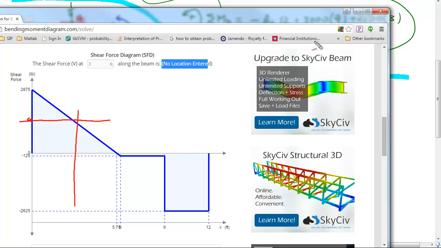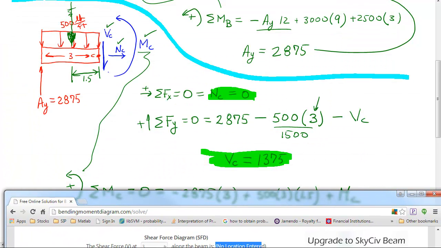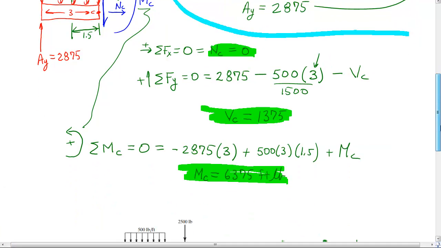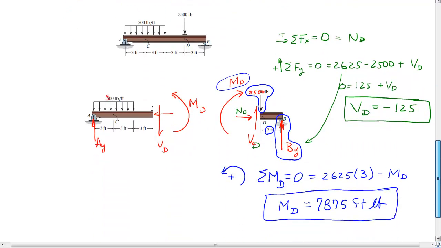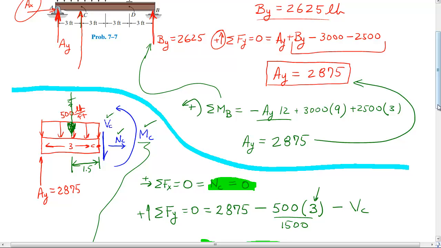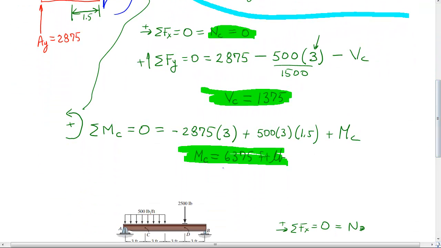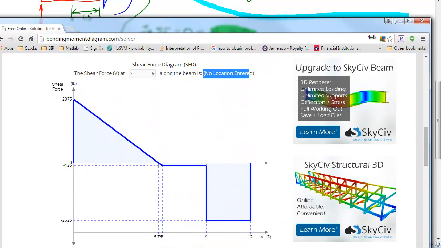Let's look at the other point. The other point is just to the left of that load. Let's look at the moment back there. The moment we got was 63.75. So look at the moment diagram down here.